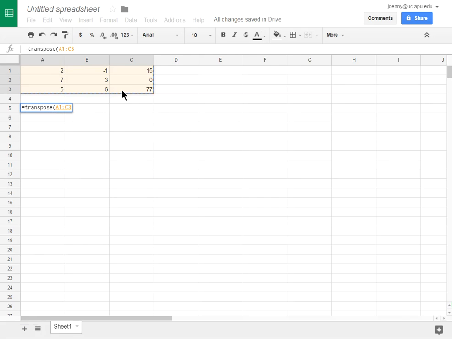Highlight those. And now notice the 2, -1, and 15 are along the left, and each row is now along the columns along the top.